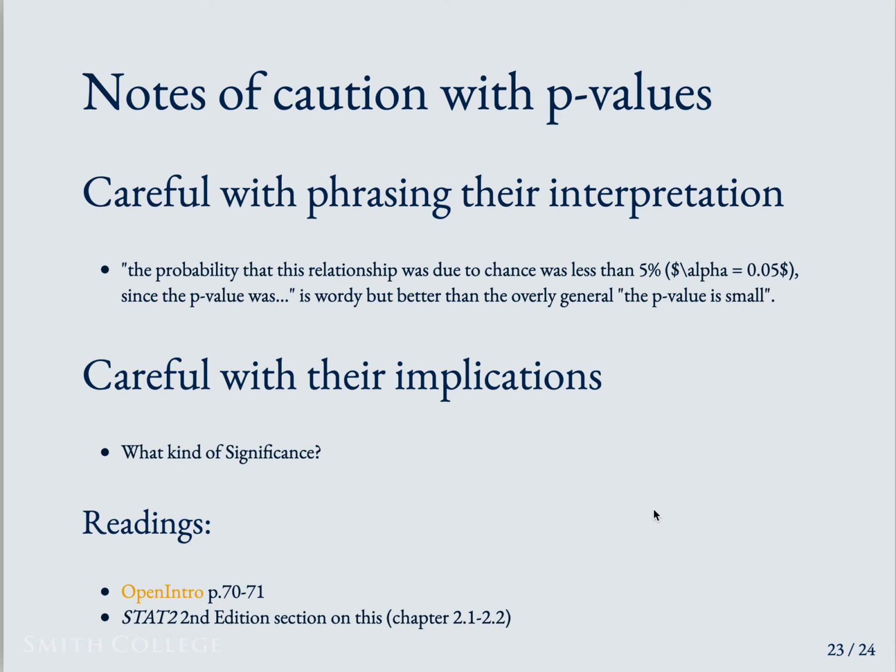But if meaningfully, that small of a difference doesn't make much of a difference to the people you're talking to, your audience, then it's important to be really cautious about statistical significance leading the way. There are some readings here that I'd really encourage you to consider in terms of p-values, particularly in the second edition of the Stat 2 textbook.